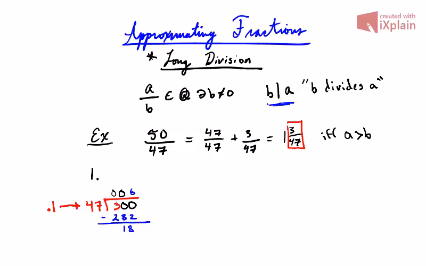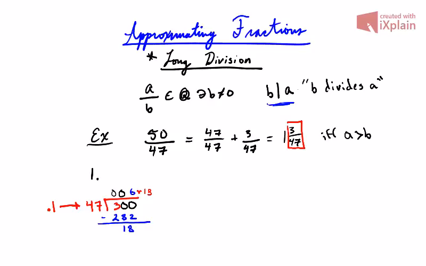And so what elementary teachers have taught in the past is you have remainder 18. I don't like that. And the reason why is it doesn't teach you how to basically find the decimal places.